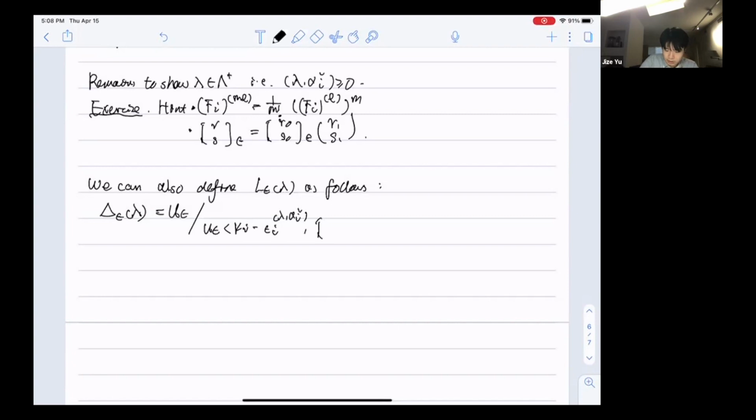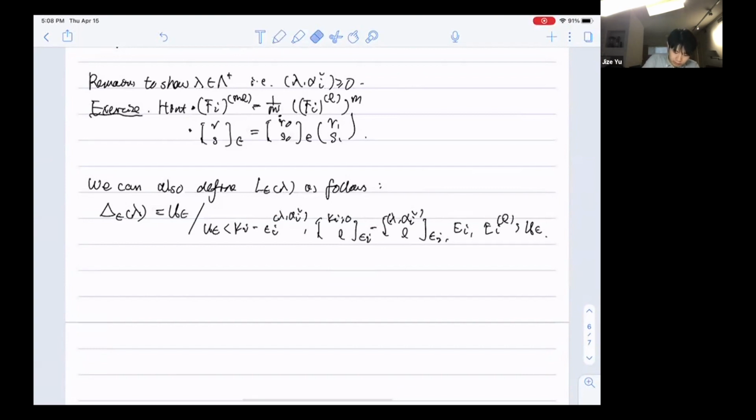And here K_i comma 0 is specialized at epsilon_i, and we minus lambda paired with alpha_i check, which is L epsilon specialized at epsilon_i, and E_i to the divided power L. Okay.